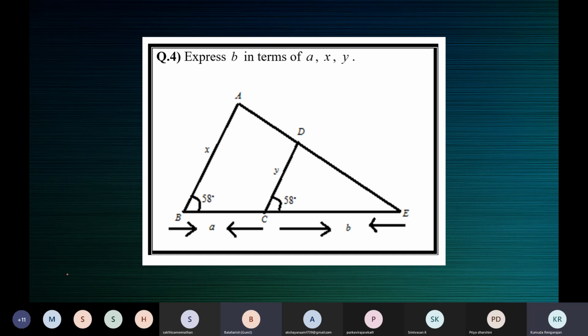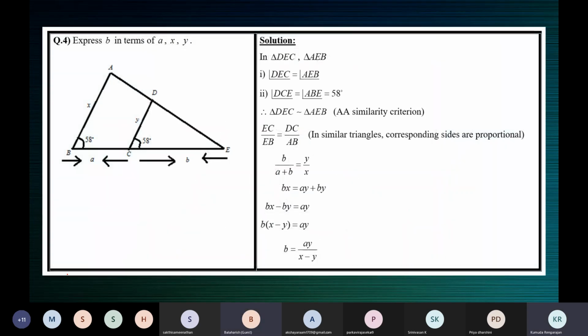Is it Bala Harish? Very good. What's your answer, Bala Harish? B is equal to AY divided by X minus Y. Super. Very good. You're right. B is equal to AY divided by X minus Y.